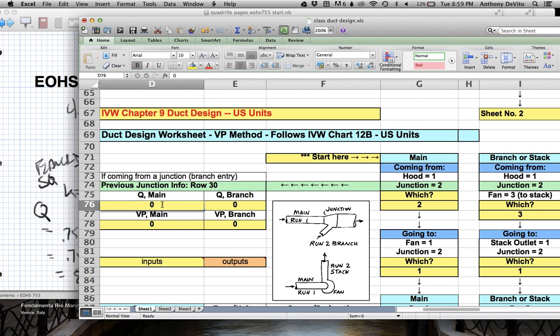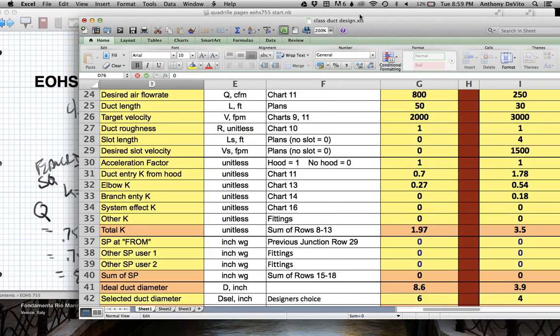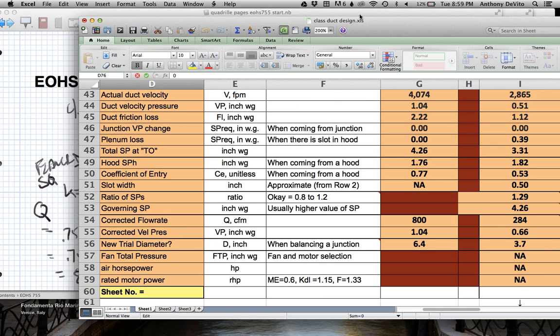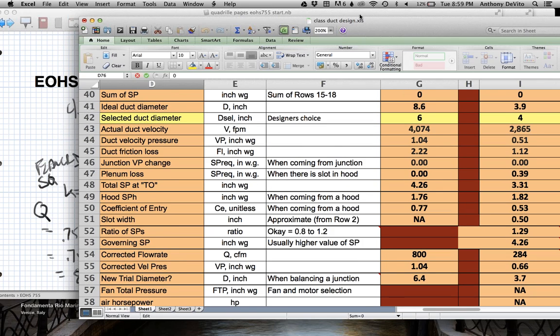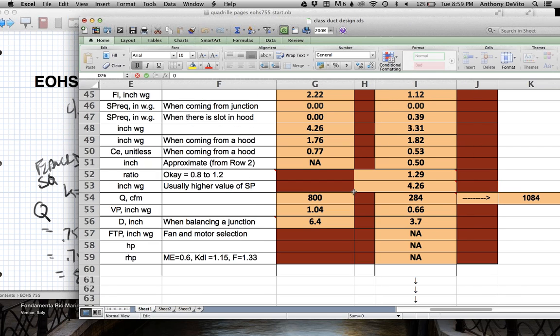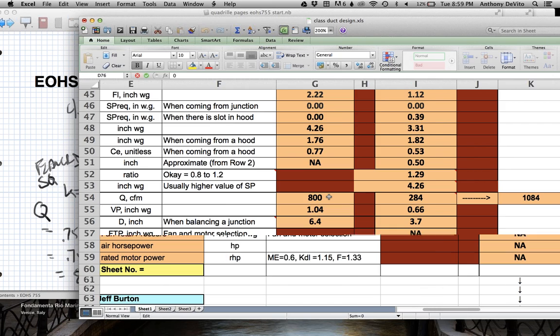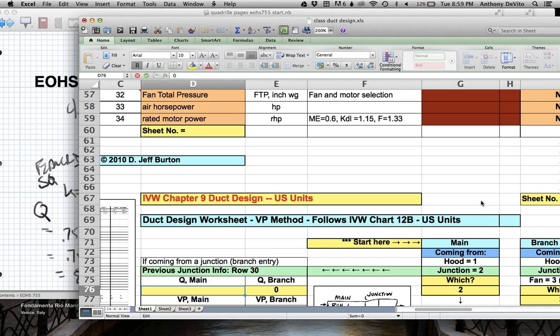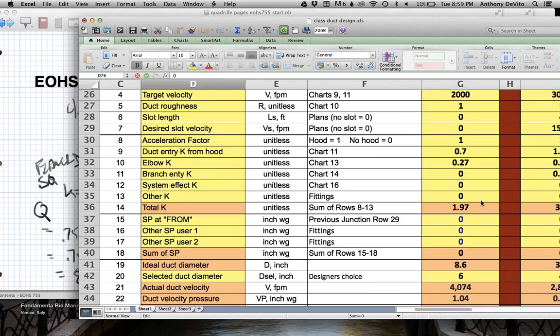I'm going to start it. First of all, I'm going to fill this in. The quantity of air moving through the main branch was... no, hang on a second. We changed it, right? It was 800. Here it is down here. Q, the corrected flow rate based on the changes that we made, is 800 cubic feet per minute.